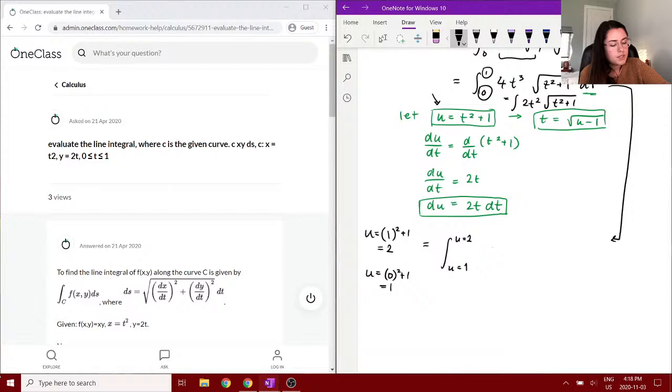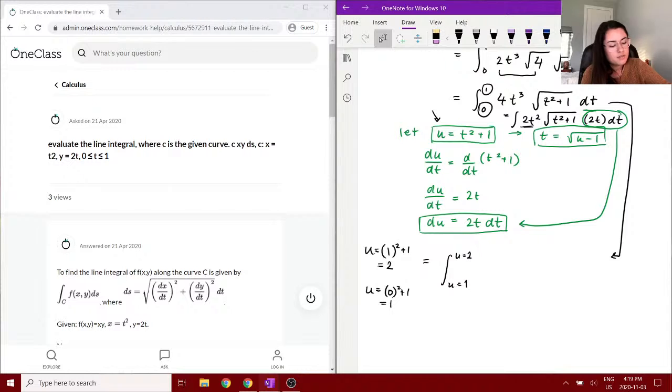Taking out a 2 and a t from the 4t cubed, and I'm just moving it to the back. Now that looks familiar. This term is, remember, this term. So that can be subbed in for du when we get there. But first, I'm going to tackle this 2t squared.